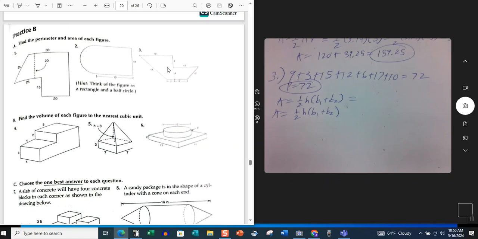This first trapezoid goes to here. It's here and all of this up here. So with the smaller side, if you notice here, this is 12 plus 17, which is 29, which covers the whole figure.